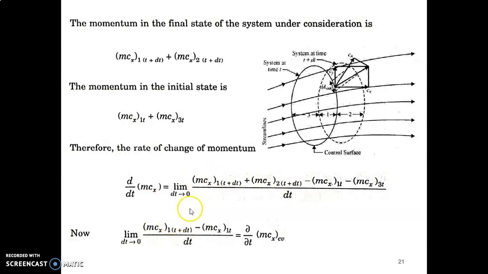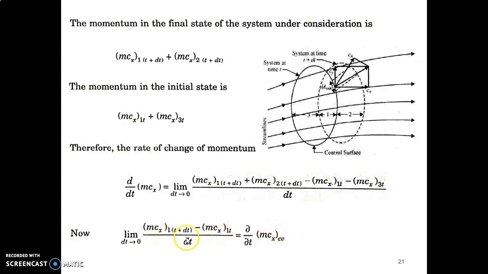We have taken the mcx for region 1, the momentum values for region 1 only. We know that region 1 is considered to be our control volume, so we have taken the control volume momentum values only from the right hand side, and that can be given like this: the change in momentum per time, momentum flux in control volume.